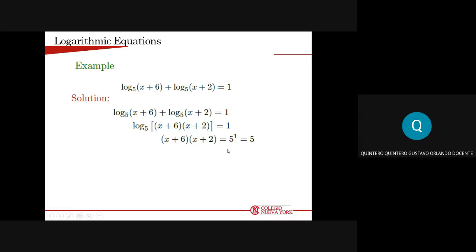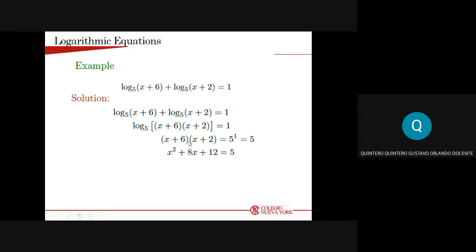Well, now this is a quadratic equation. We can expand these, right? So multiply these 2 factors. X times x, x squared. We're going to do the FOIL process, remember? Firsts, x times x. Outers, x times 2. Then the inners, 6 times x.